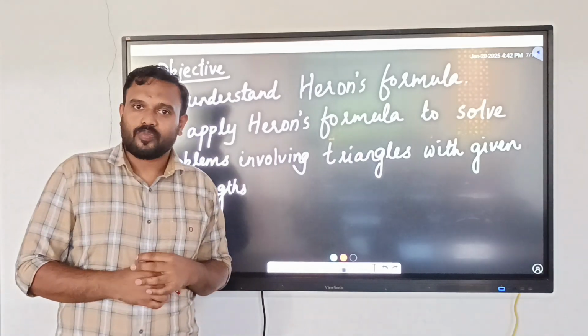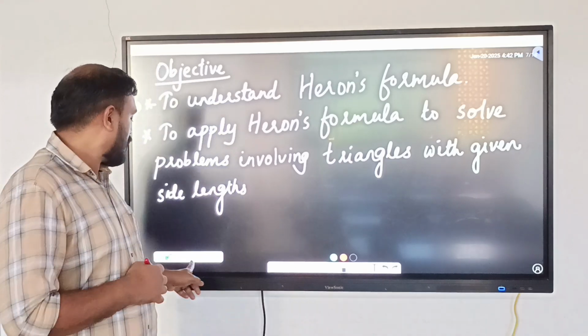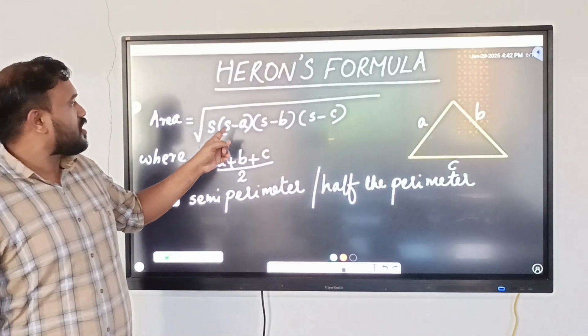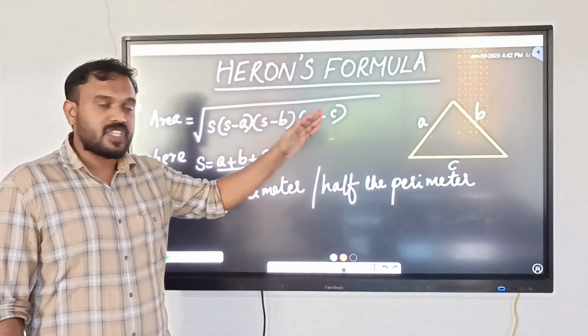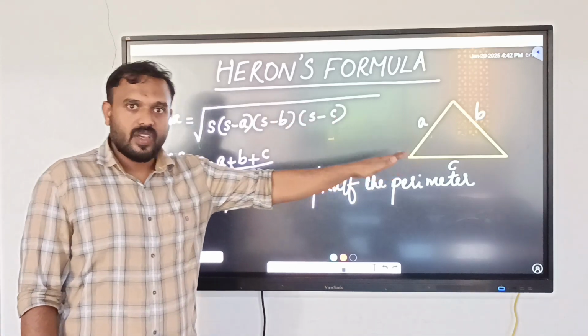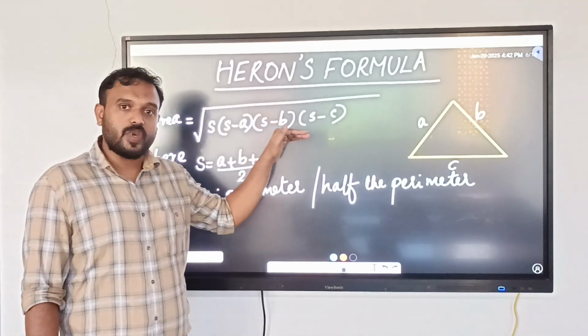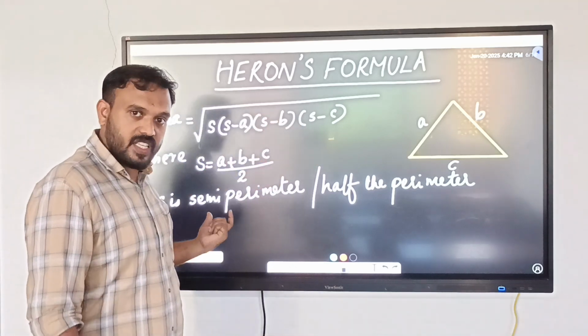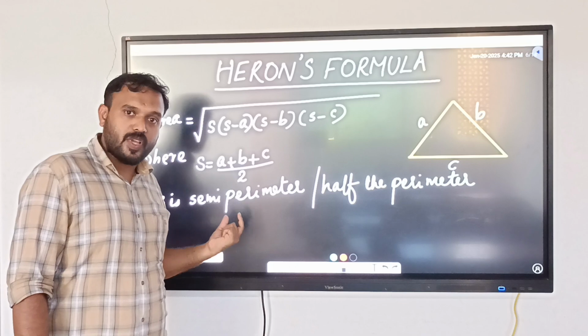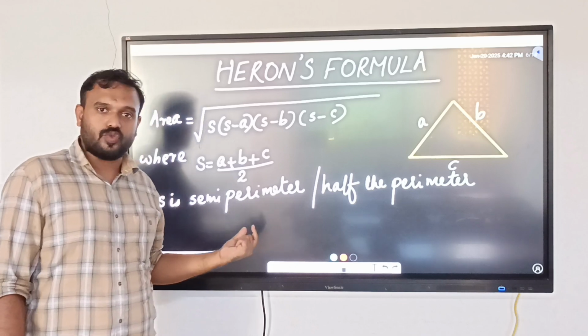Heron's formula is a formula to find the area of a triangle where the three sides are given: root of S into S minus A into S minus B into S minus C, where S is A plus B plus C divided by 2.